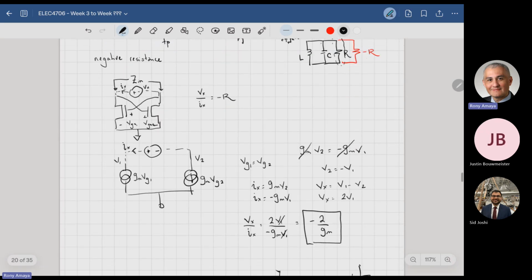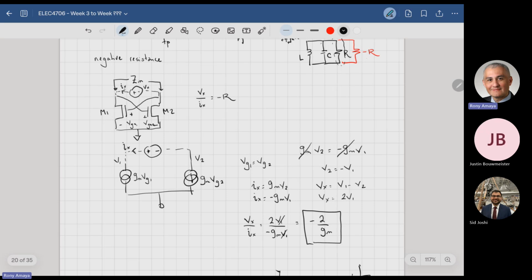Just a very simple explanation here. You have a cross-coupled device, and you know that the voltages are equal but opposite in direction because of the symmetry. So if you take the voltage across the device, I'm just going to label this M1, you have a VGS1, and then you have a VGS2, right?